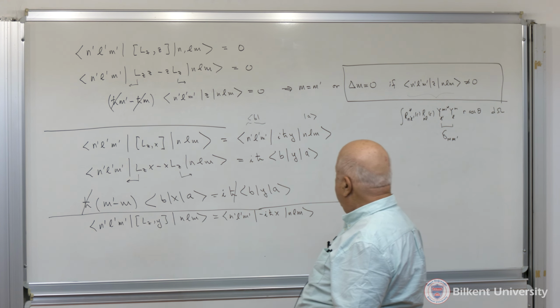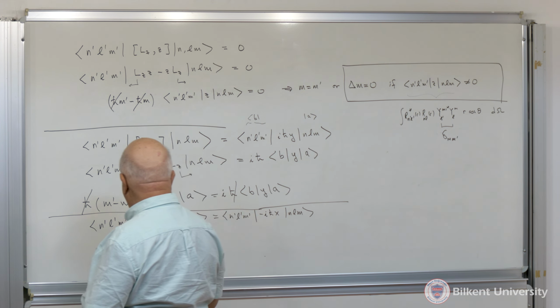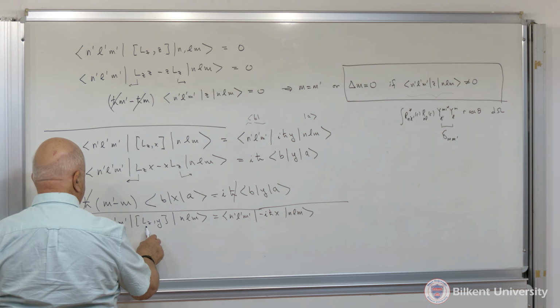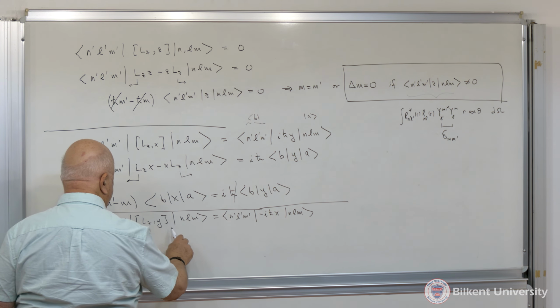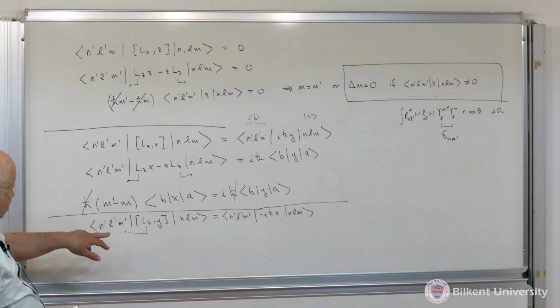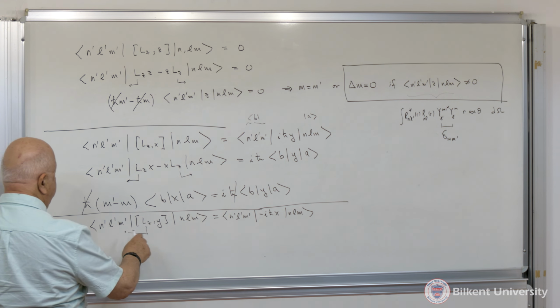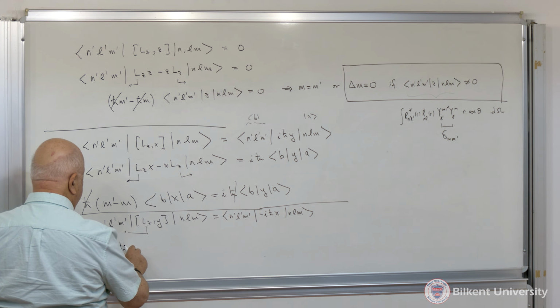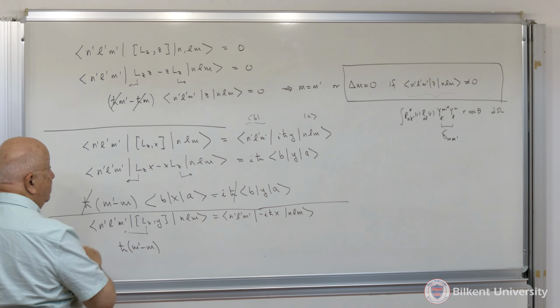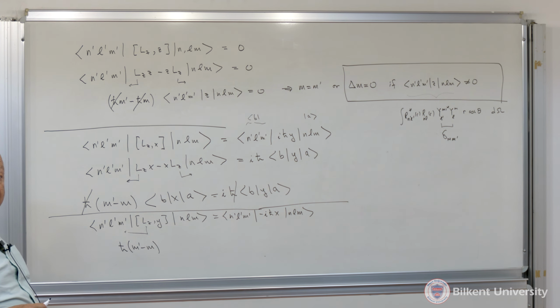Let me just do it quickly now that we are doing this for the third time. It's going to be ħ (m' - m), just like the X equation.